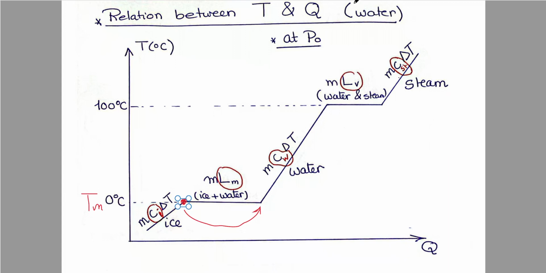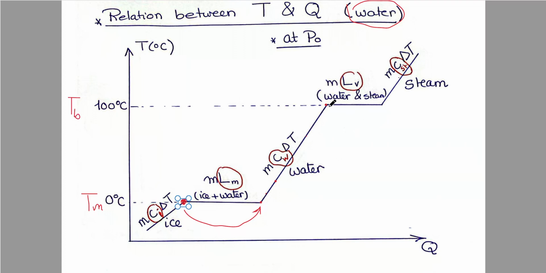This experiment is done on water as an example at atmospheric pressure. After the ice completely melts into water, you will have water at 0 degrees, then 10 degrees, 20 degrees, till reaching 100 degrees. 100 degrees is the boiling temperature of water.